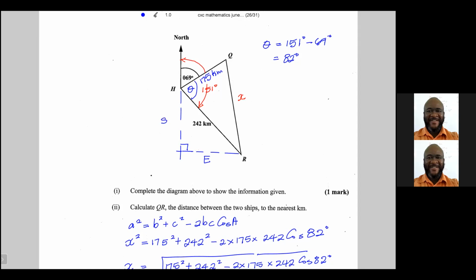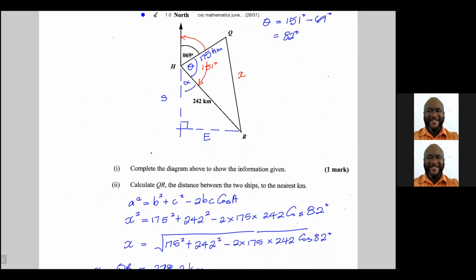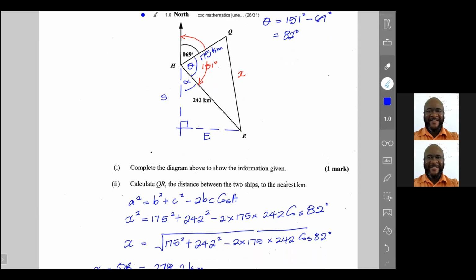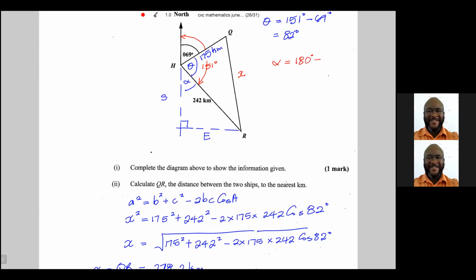So what we need to do is find S in order to determine how far south R is from the harbor H. Let's find this angle alpha. First of all, alpha would be equal to 180 minus 151.